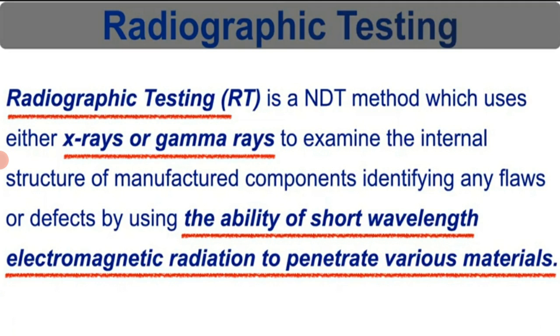Radiographic testing is a non-destructive testing method which uses either X-rays or gamma rays to examine the internal structure of manufactured components, identifying any flaws or defects by using the ability of a short wavelength electromagnetic radiation to penetrate various materials.